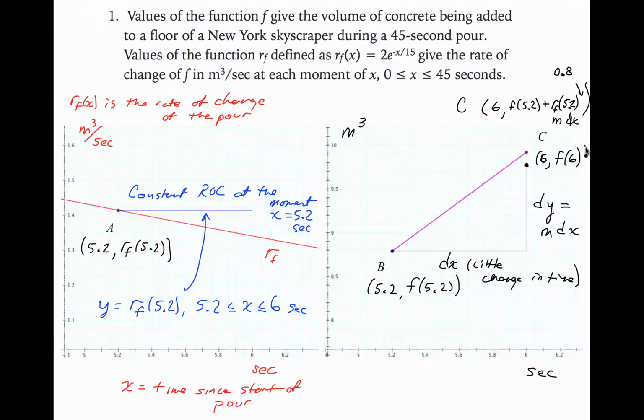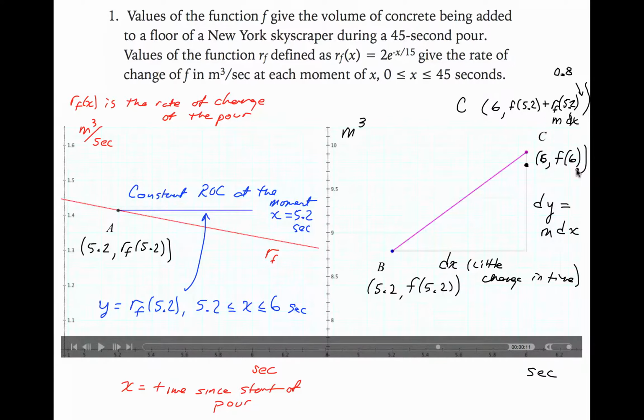This is using the constant rate of change to approximate the true amount of concrete at 6 seconds. So this is an estimate of F of 6, which we know is going to be less because that rate of change is lower throughout that interval from 5.2 to 6.